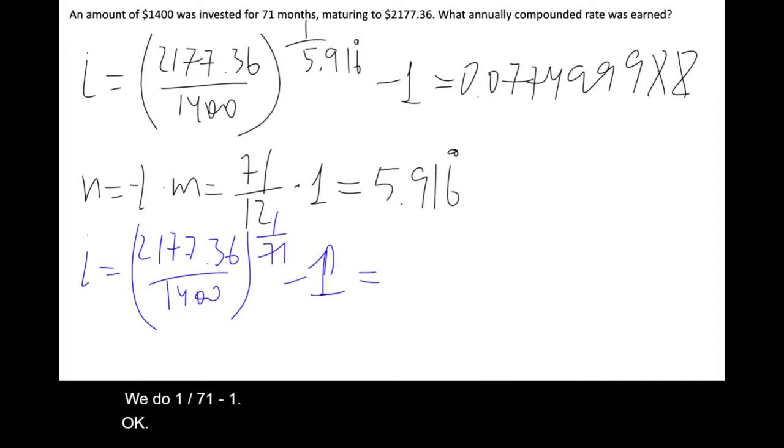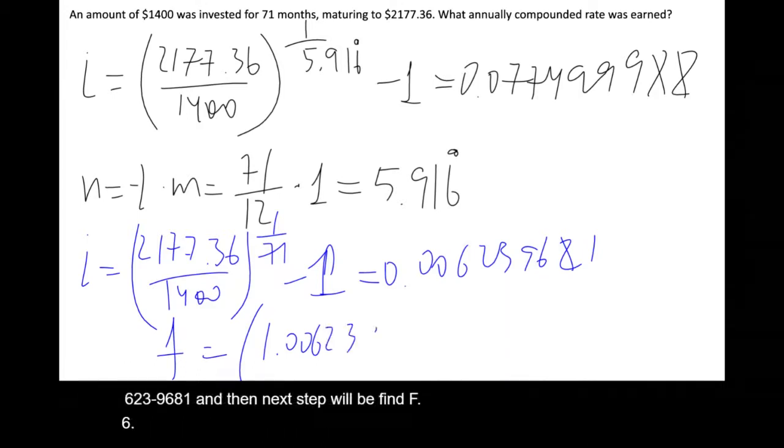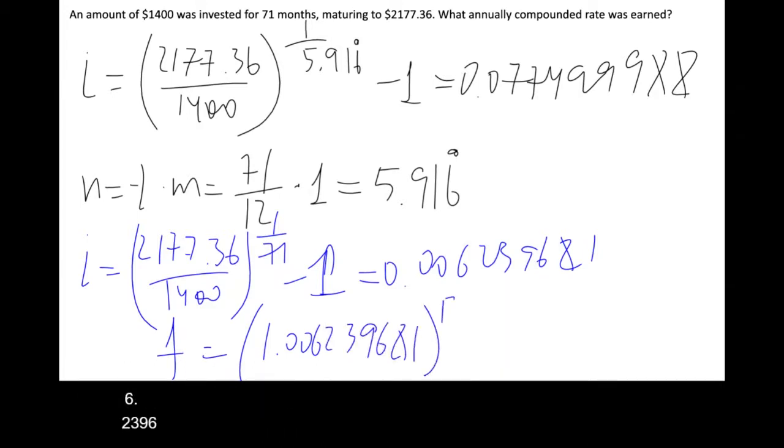Okay, and we will find the monthly rate, 0.006239681, and then the next step we will find f: 1.006239681 exponent 12 minus 1.